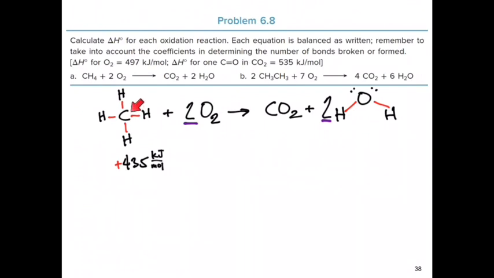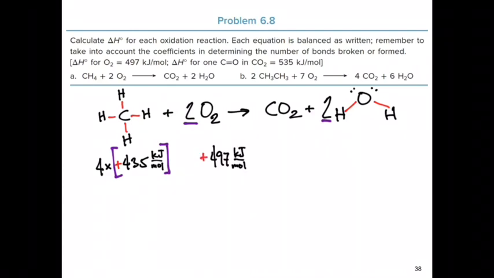So for methane here, it requires 435 kilojoules per mole of energy to break this carbon to hydrogen bond. And since we have a total of 4 carbon to hydrogen bonds, we're going to multiply 435 by 4. And then for the oxygen gas, you can see that it would require 497 kilojoules per mole of energy in order to break the bond between the two oxygen atoms.